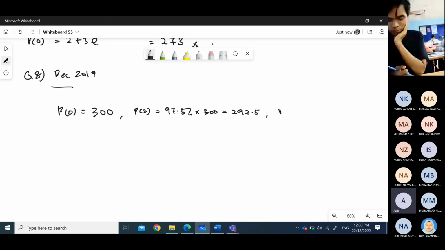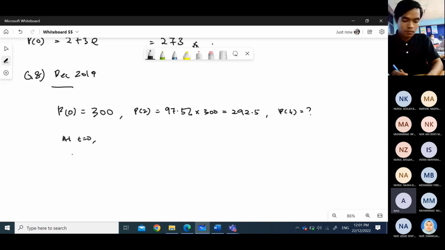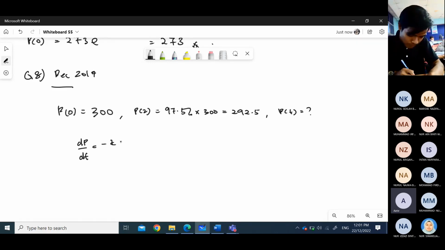Okay. So we need to find this one. Alright. So kita ambil ni, at t equal to 0. So we have P0. Sebelum buat ni, kita kena identify the model. Untuk 3 markah kita tu. Kita negatif k, dP/dt equal to negative kP.